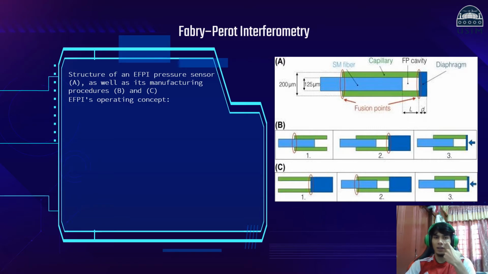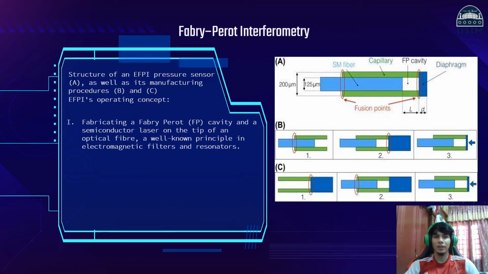So EFPI has some operating concepts. The first one is fabricating a Fabry Perot cavity and semiconductor laser on the tip of the optical fiber, a well-known principle in electromagnetic filter and resonator.